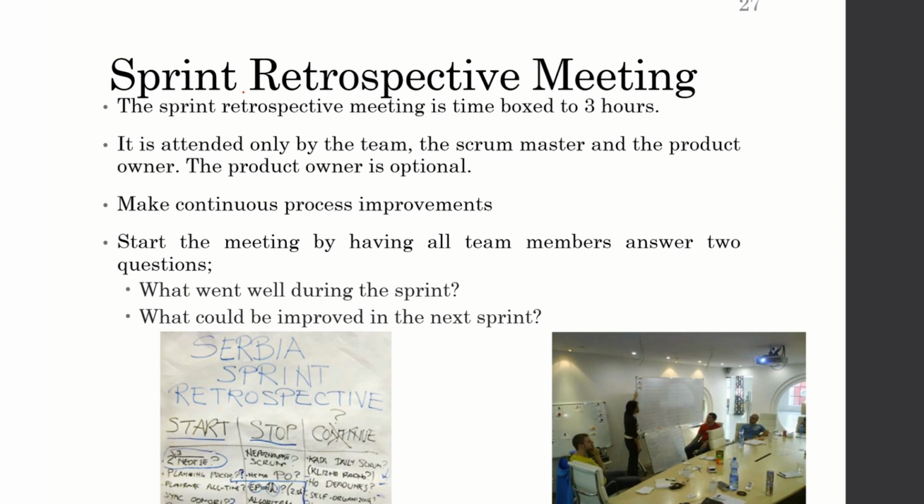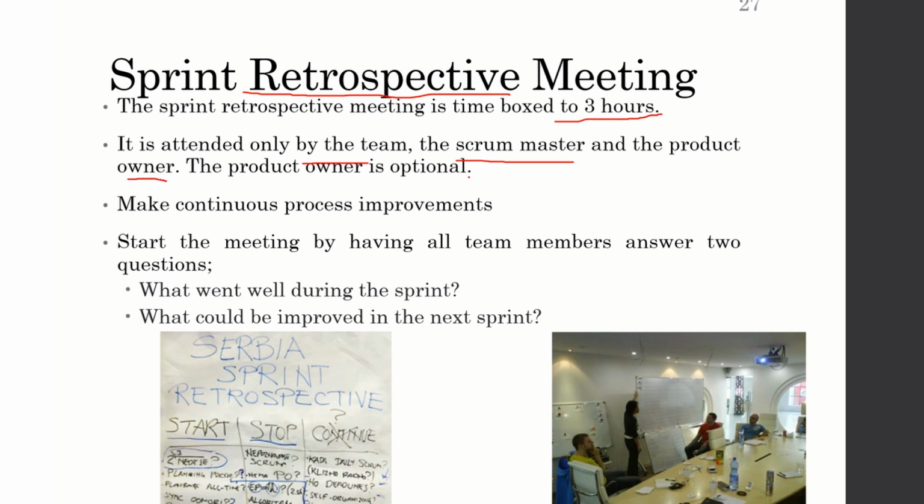Now, sprint retrospective meeting. Retrospective means to reflect back. And in this scenario, we basically have a meeting that is time boxed to 3 hours, that will last for basically 3 hours. And it is attended only by the team, the Scrum Master, and the product owner.